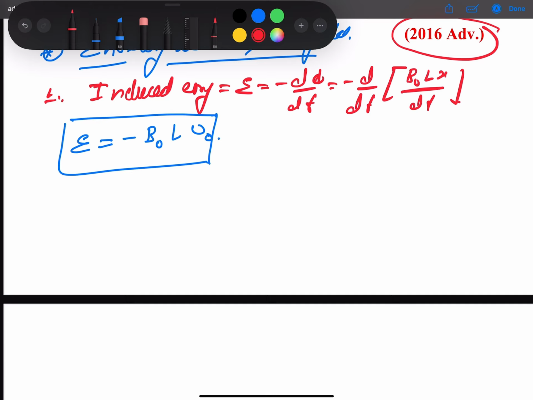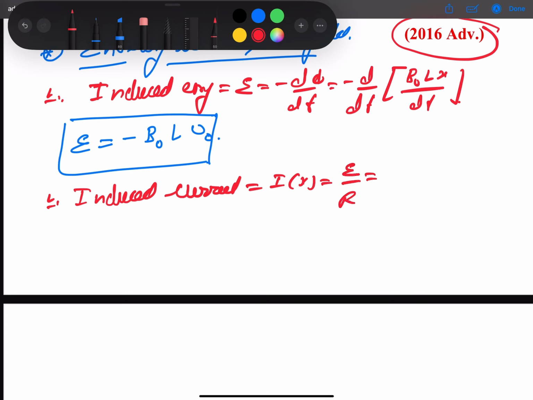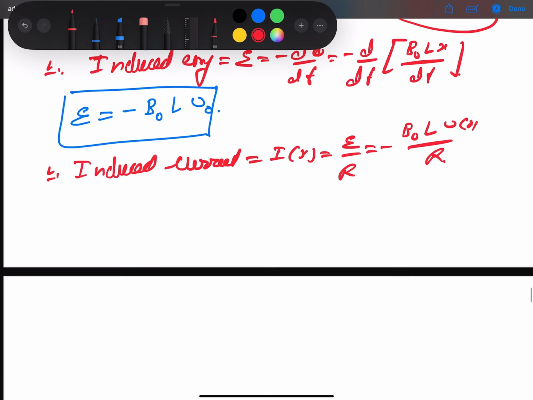So we can write induced current, that is I of x, will be equal to induced EMF divided by resistance R, which gives us minus B naught L v of x upon R. Then we are going to find out the magnetic force.